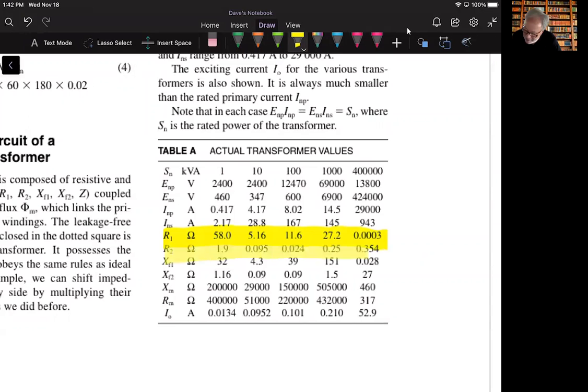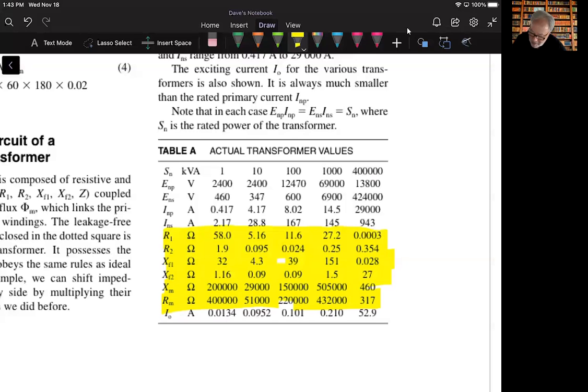Here's R2, and here's XF1 and XF2. All of those values are there. And let's see, what else do we have? We have X sub M, R sub M, all these things that we've looked at in these various models are actually accessible information about transformers.